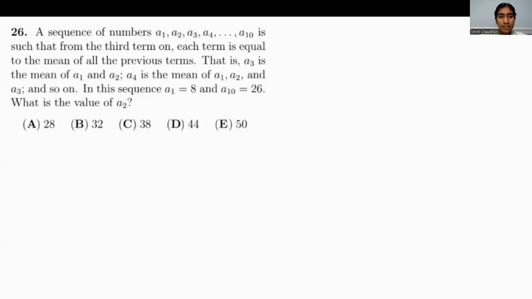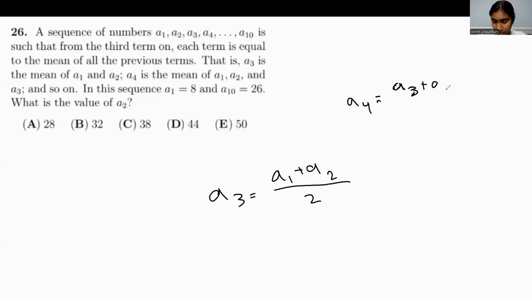Now, one thing to realize is that in such a sequence, if we have A1 plus A2 over 2, and we know that that's A3, realize that A4 is equal to A3 plus A1 plus A2 over 3, right? And A3 equals A2 plus A1 over 2.